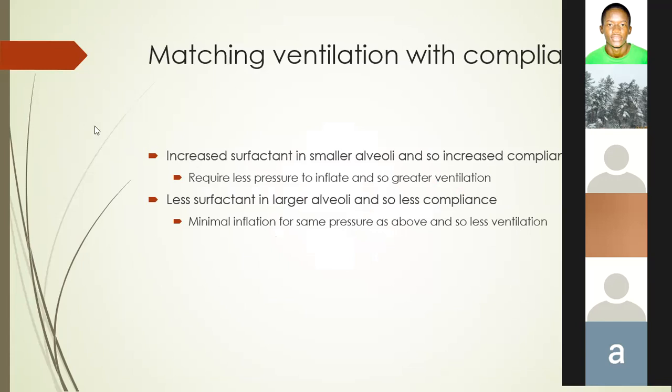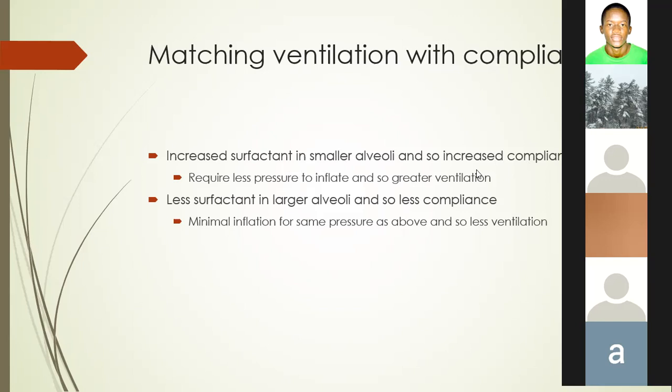From the video discussion I have just given you, you are trying to match ventilation with compliance when we have equal sized alveoli. When we have small alveoli and large alveoli, you try to match ventilation by increasing surfactant in the smaller alveoli so that you increase compliance, which will require less pressure to inflate.